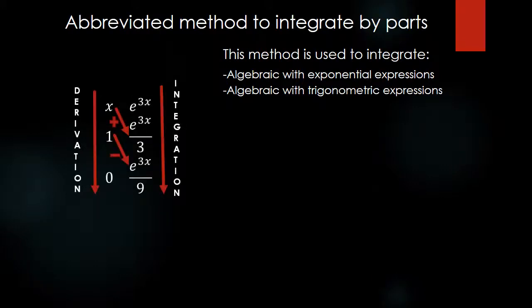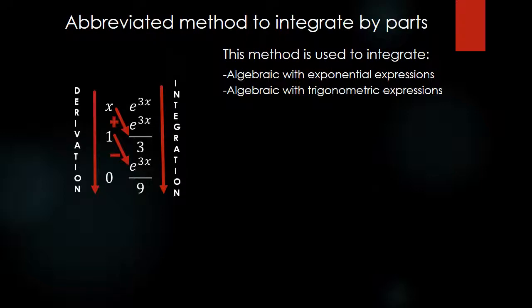In the first column we put the algebraic expression, and we derive the first member any times until we obtain a 0, and in the second column we put the exponential or trigonometric expression, and we integrate this member the same times that we derive the first column.